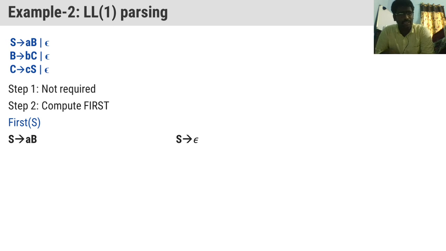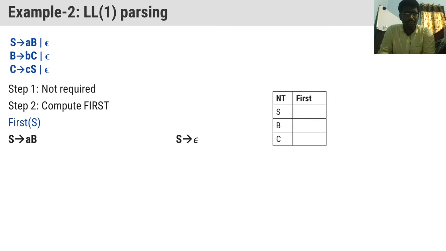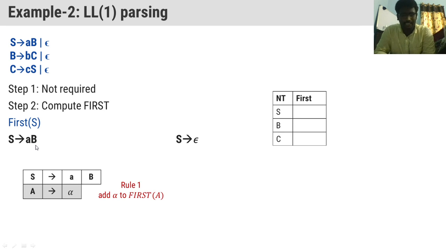So how to find out the first sets? S is having two productions, right? In the previous example, S is having only one production, but here S is having two productions. S is deriving small a capital B and S is deriving epsilon. Now we will find out the first sets. The starting symbol in this production is small a. That's why we will include small a to the first set.